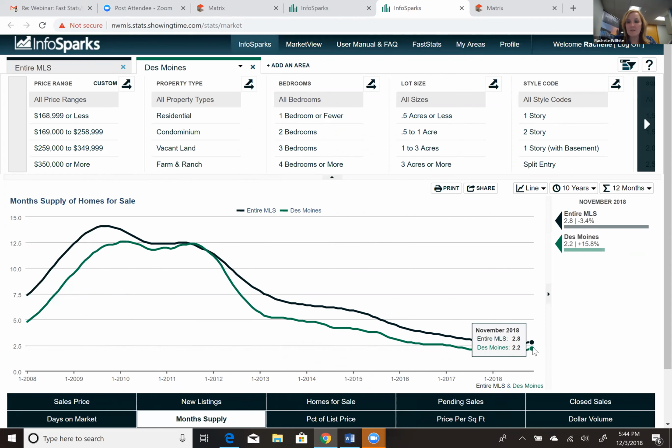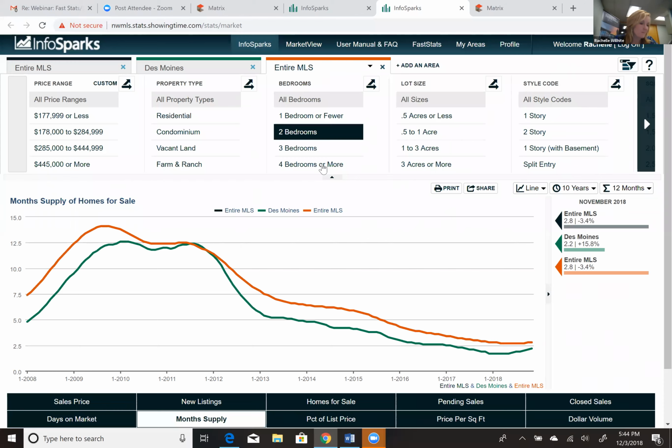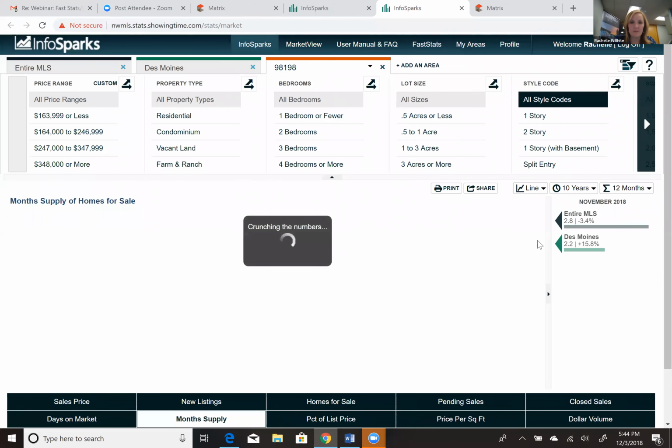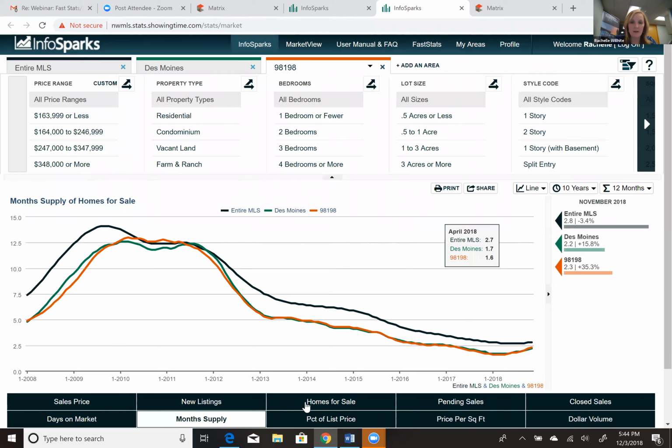Notice that it has gone up at a bit more of a rapid pace in Des Moines than the entire MLS. So I may want to add another area, and let's drill down even farther by adding the specific zip code into that, and then specifying some more criteria. So that's going to be the 98198 zip code.